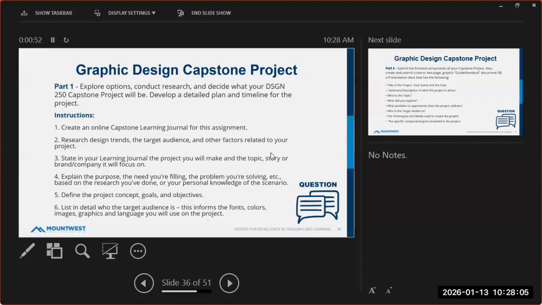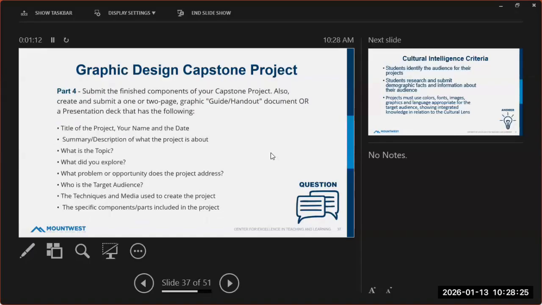Some of the key instructions: they have to determine what they want to do, conduct research, consider who the target audience is, problem solve, and create a timeline, due dates, and project management. And then part 4 is the delivery, and how well did they achieve what they were trying to do.